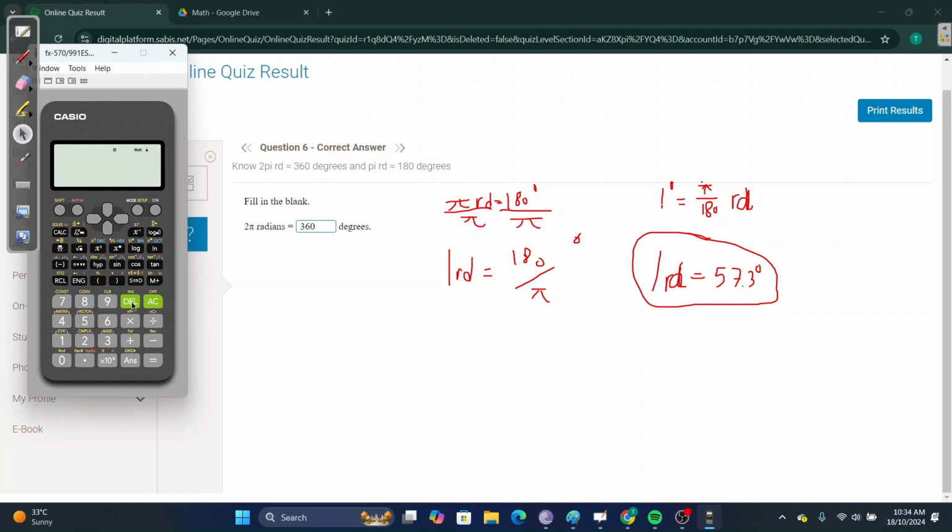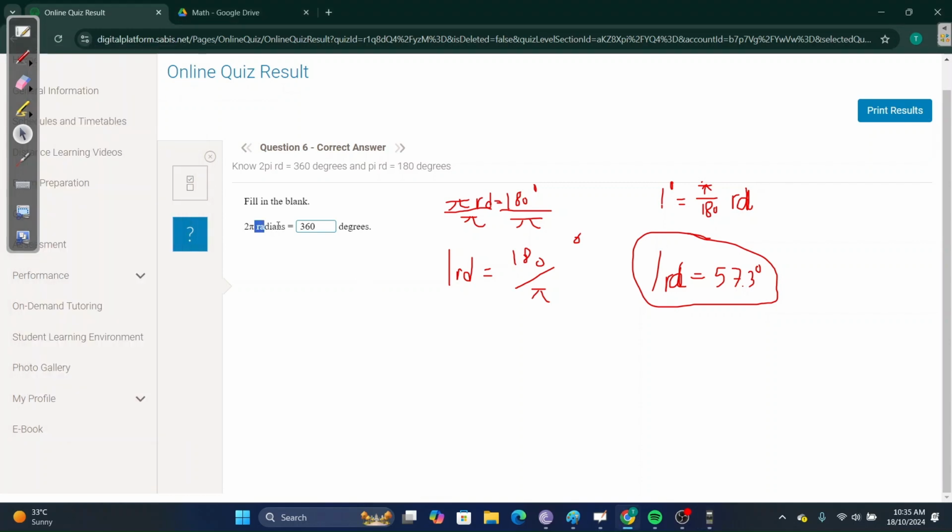But it's much quicker on a calculator than writing pi over 180 or 180 over pi, whatever you want to do. So I'll just do 2 pi times 57.3, which equals 360.026, whatever. It's an approximate value, but you only take the whole number.